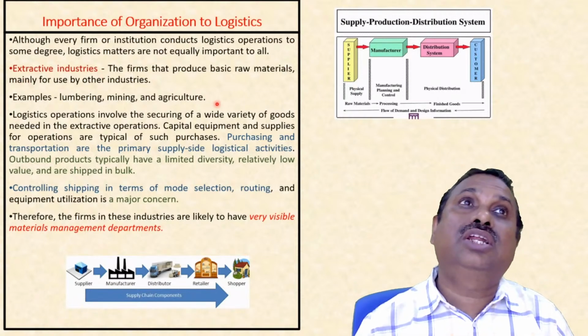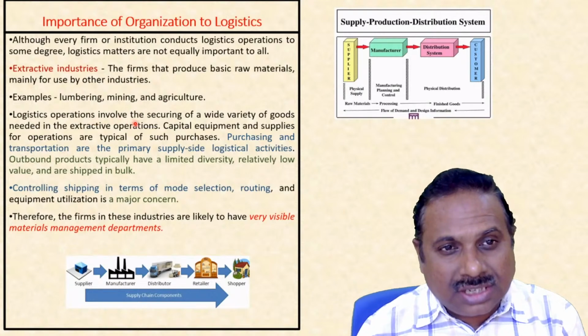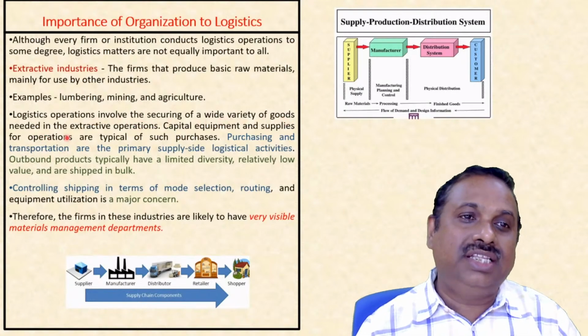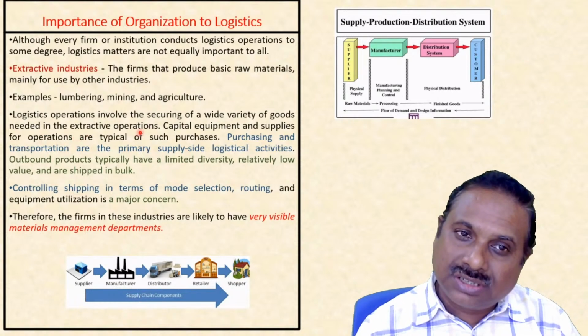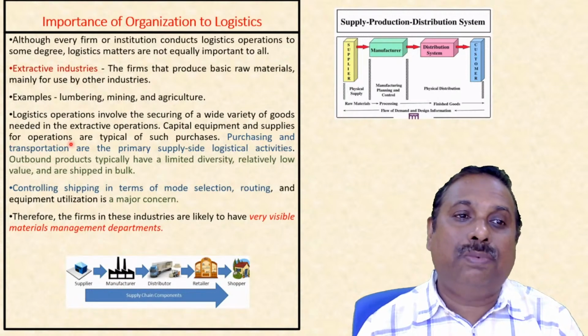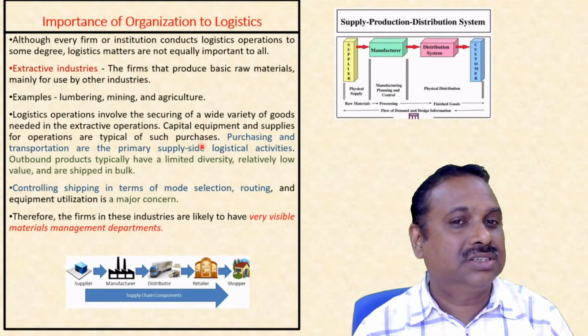For Nalco, their Damanjodi plant is an extractive industry. So logistics operations here involve the securing of a wide variety of goods needed in the extractive operations. Capital equipment and supplies for operations are typical of such purchases.